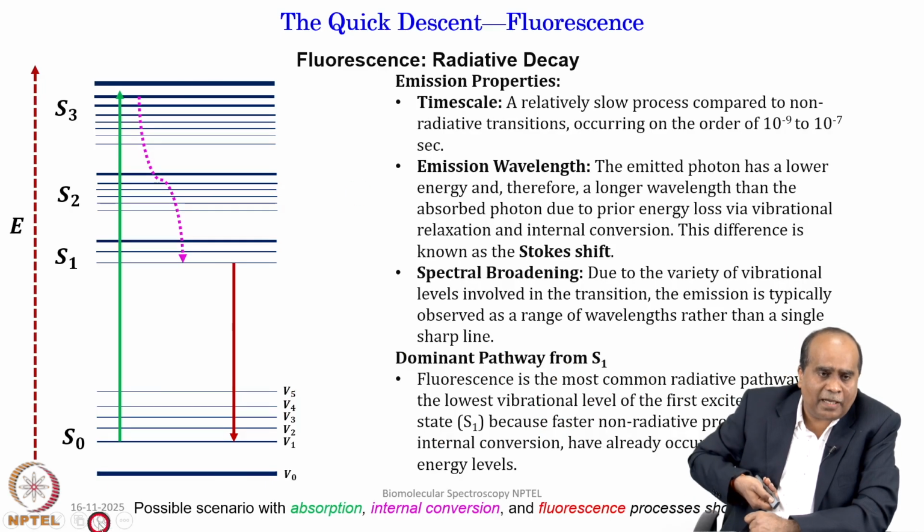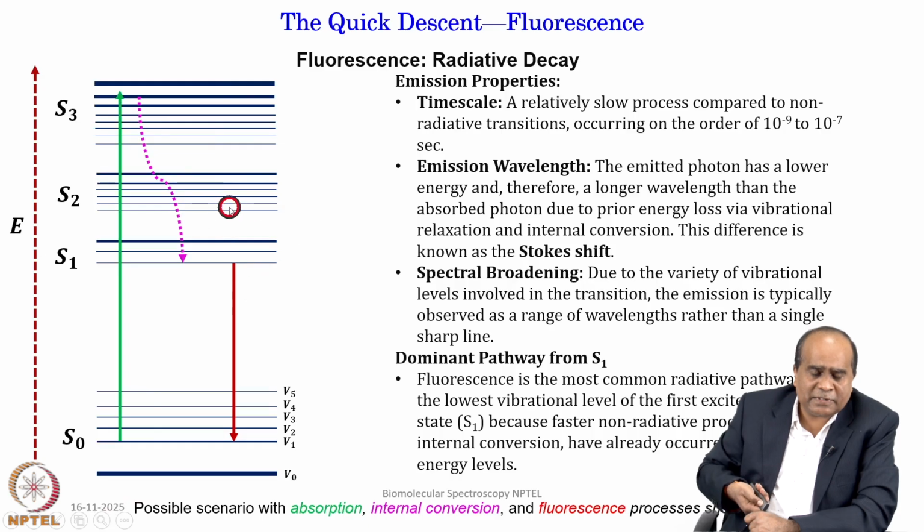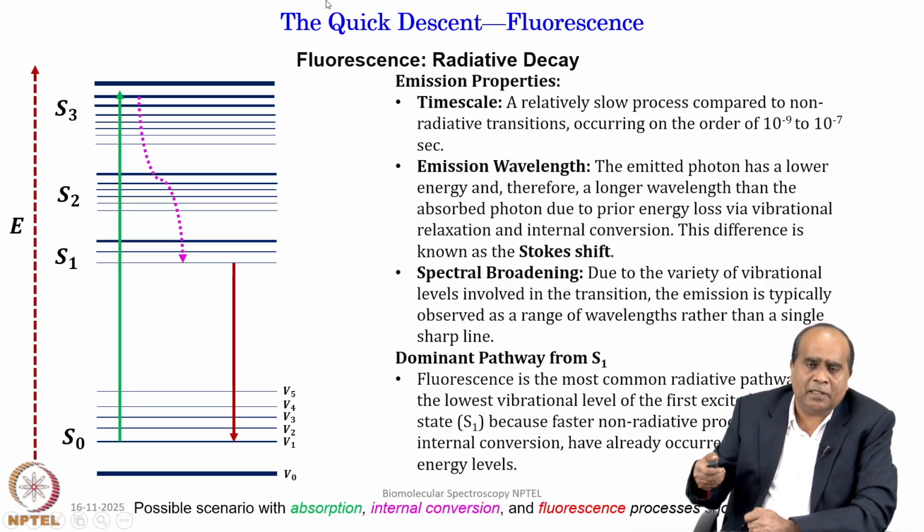Absorption happens very fast, 10 to the power minus 15 seconds, but fluorescence happens relatively slower compared to absorption, though still quite fast, 10 to the power minus 9, that is nanosecond to sub-microsecond time scale, like 0.1 microsecond or so. That is the time scale that we have.